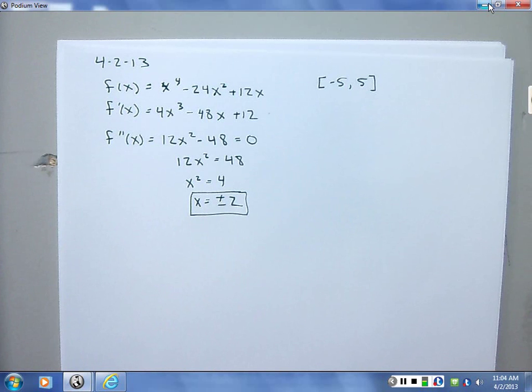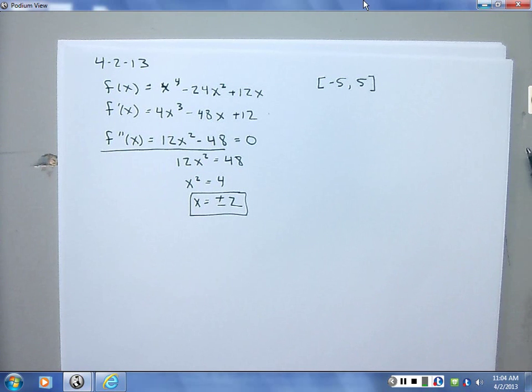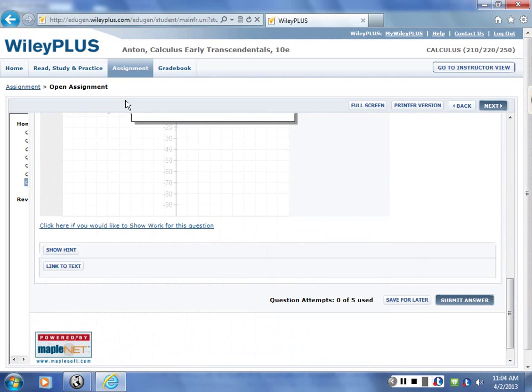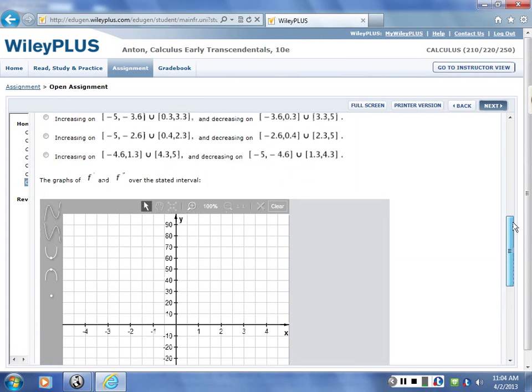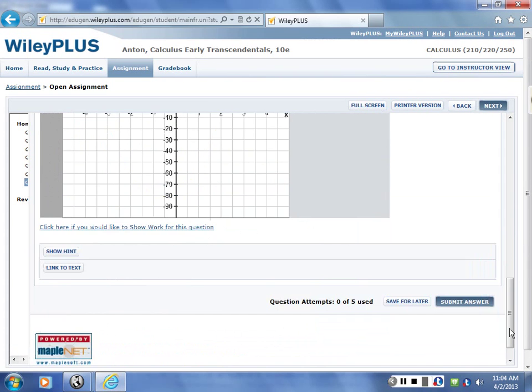But I'm not asked to graph the function. I'm asked to graph the first derivative and the second derivative. Everyone should be able to graph the second derivative. This is a quadratic that opens up with y-intercept at minus 48, right? So if I come down to graphing this, it says graph the first and second derivative. I'm a quadratic that opens up, and my y-intercept is at minus 48.